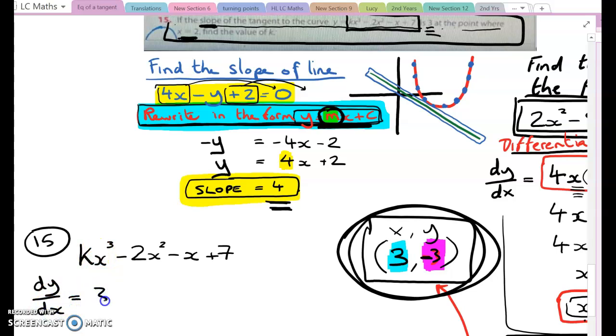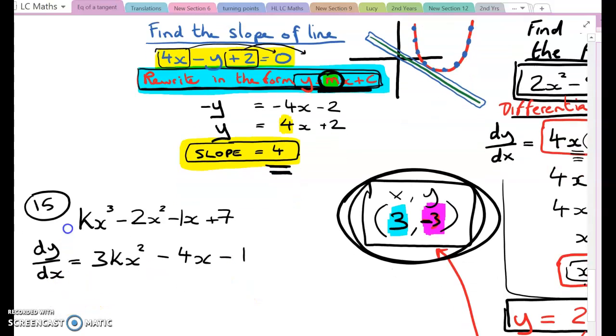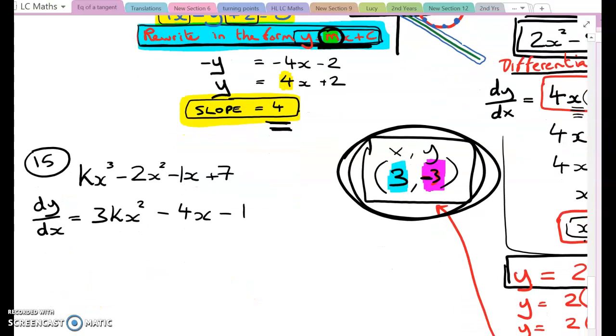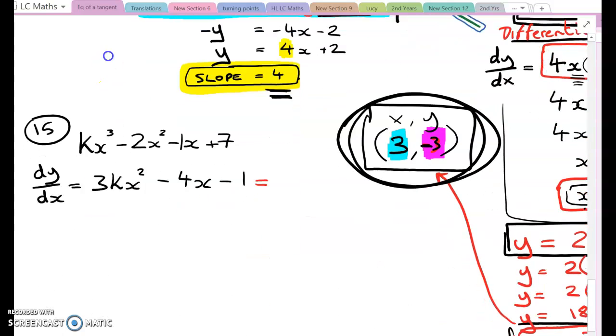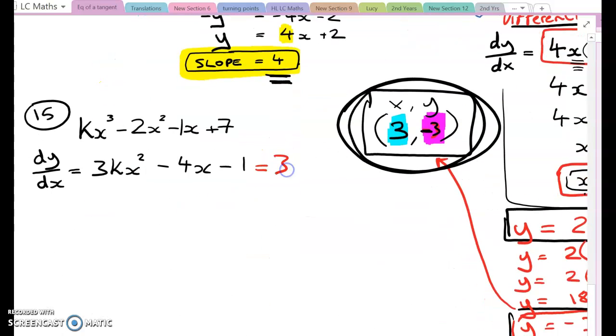Well, it'll be 3kx squared minus 4x minus 1, because there's a 1 here, and that's it, differentiated. And just like in the last question, put it equal now to the slope. Okay, and they've given us what the slope is. They said it's 3. So put it equal to 3.